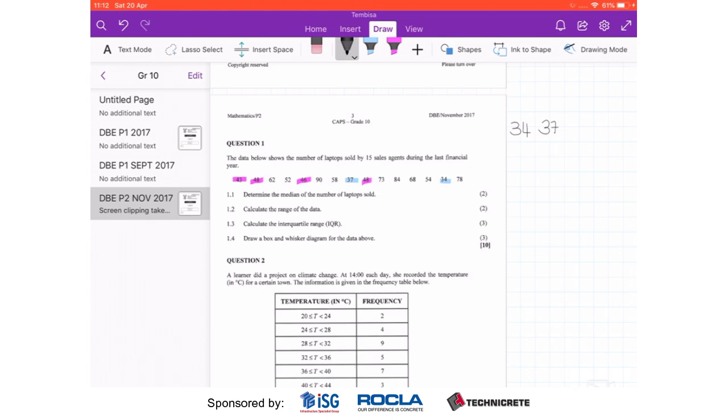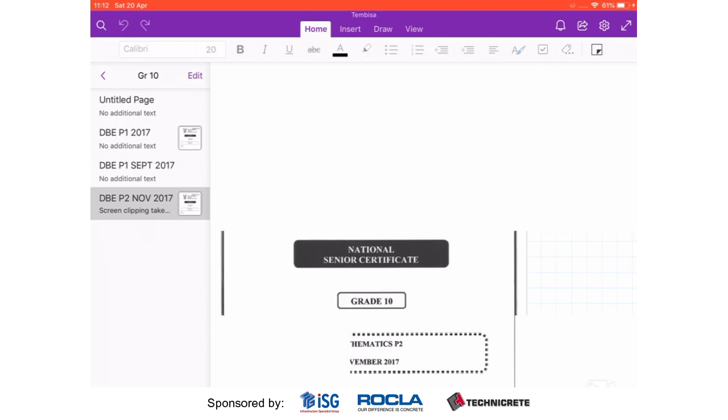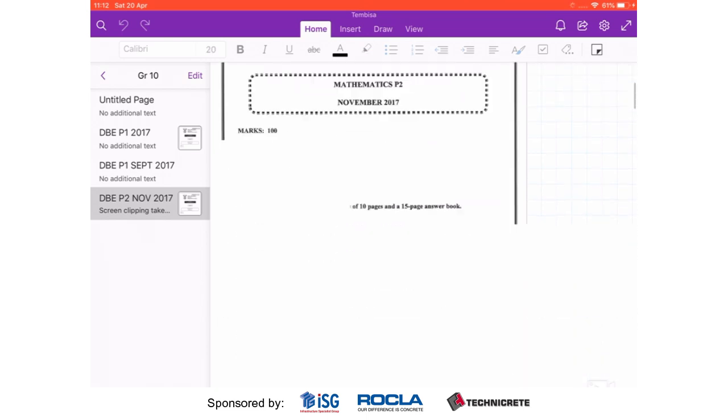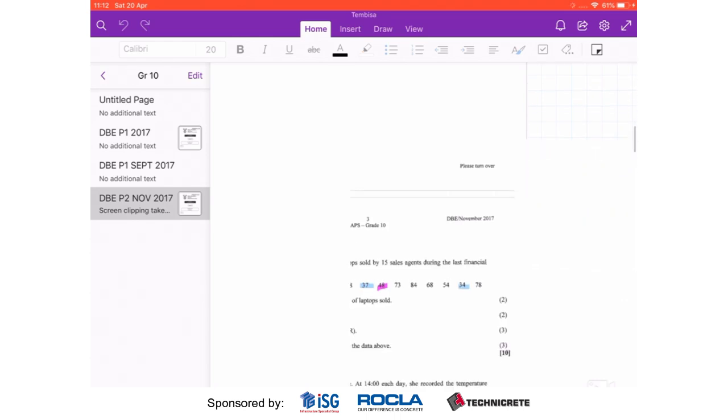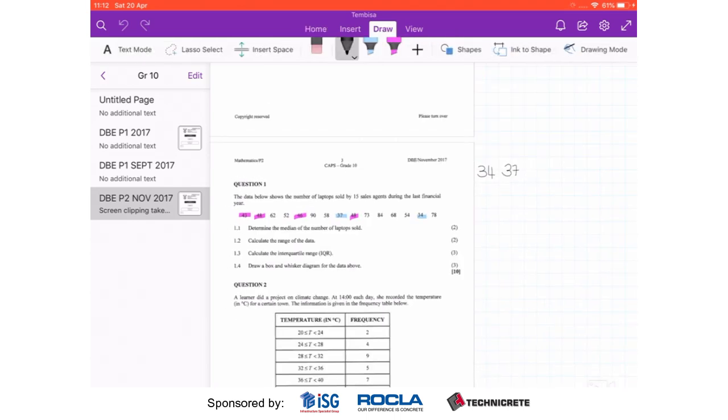Okay, the first one that we have of the 40s is 43, 46, 48, and another 48.